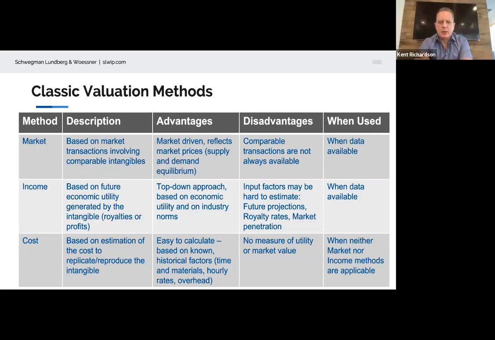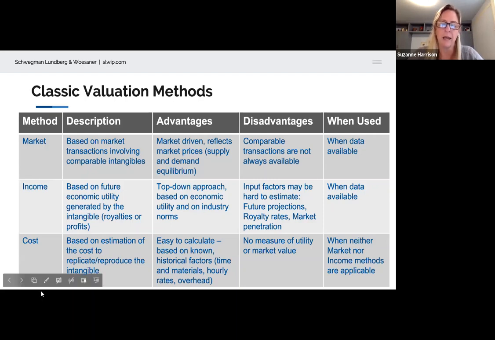Suzanne, why don't you talk about income now? Yeah, so the income approach says that from the asset, whether it be a product or a service, what is it going to generate in income over the next period of time? Let's just pick a period of time, let's say it's 5 years. And so you're putting in a whole series of both costs and revenue projections around that, and a whole bunch of assumptions around what the market's going to look like, et cetera.